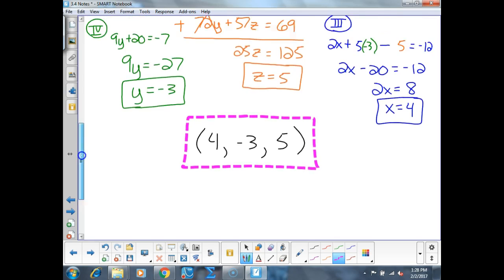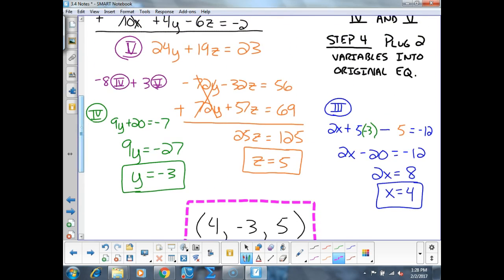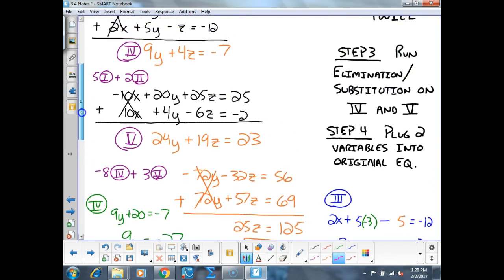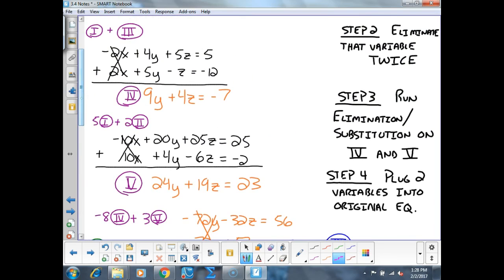Step number 4: plug it back in. Now, that's one way of doing it. There's another way. Sometimes it's faster, sometimes not.